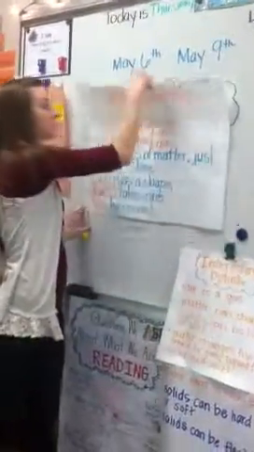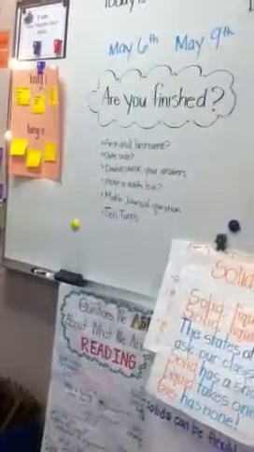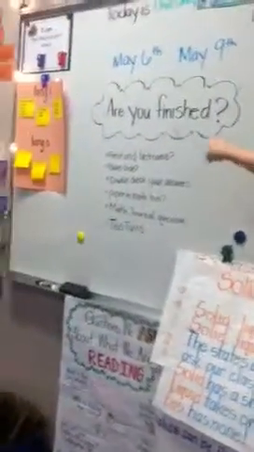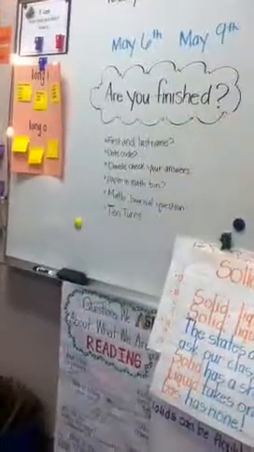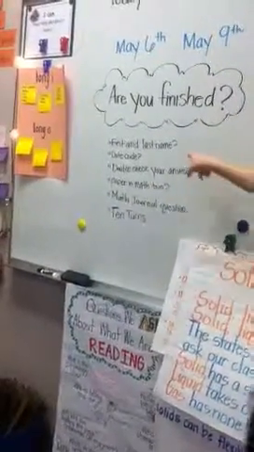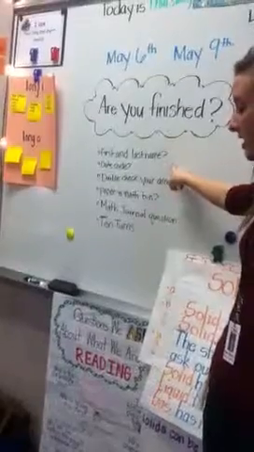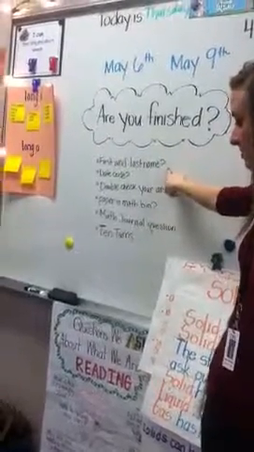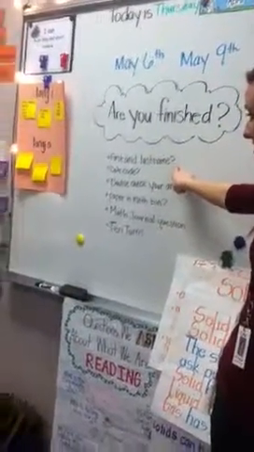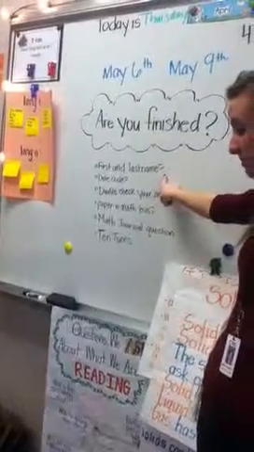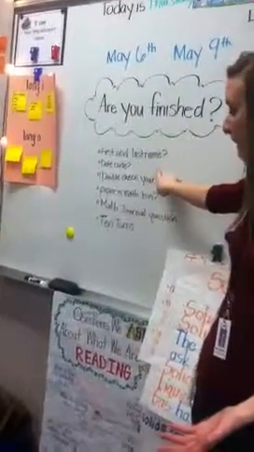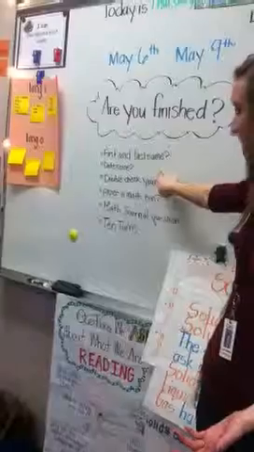I have written a thing for you. Matthew, can you tell me what this says? Are you finished? Jeremiah, what does it look like you're going to do when you're finished? You're going to check to see if your first and last name is on your paper. Then what? Date code.